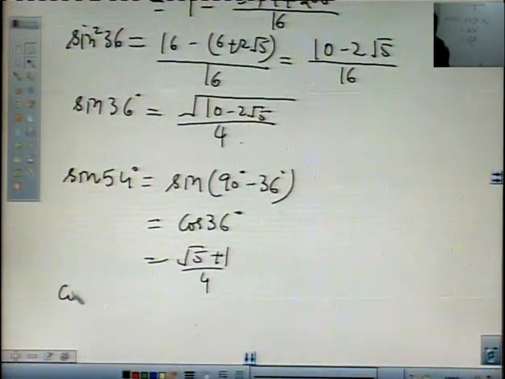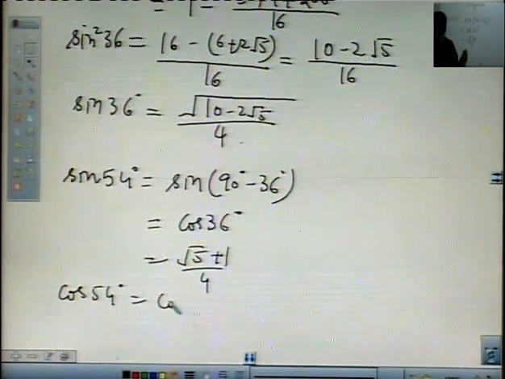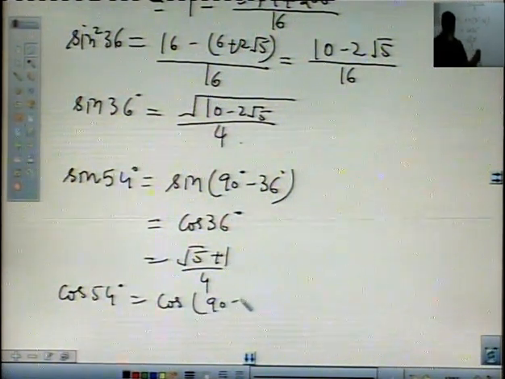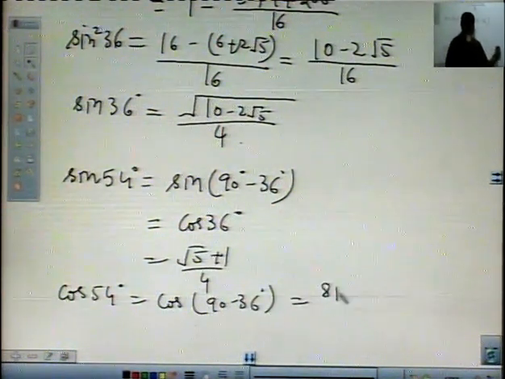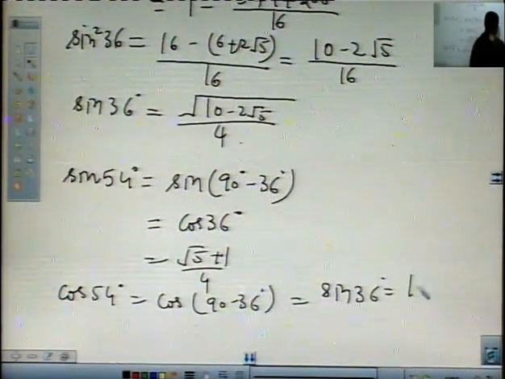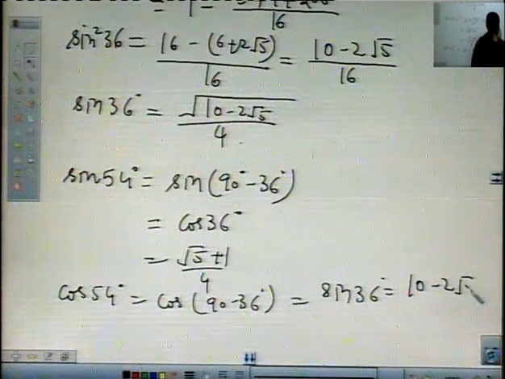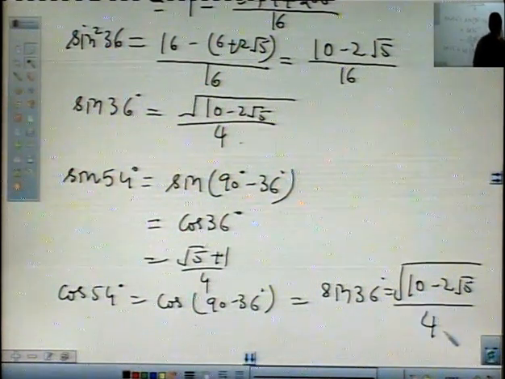Similarly, cos 54 is cos of 90 minus 36, and this will be equal to sin 36, and the value of sin 36 is under root 10 minus 2 root 5 upon 4.